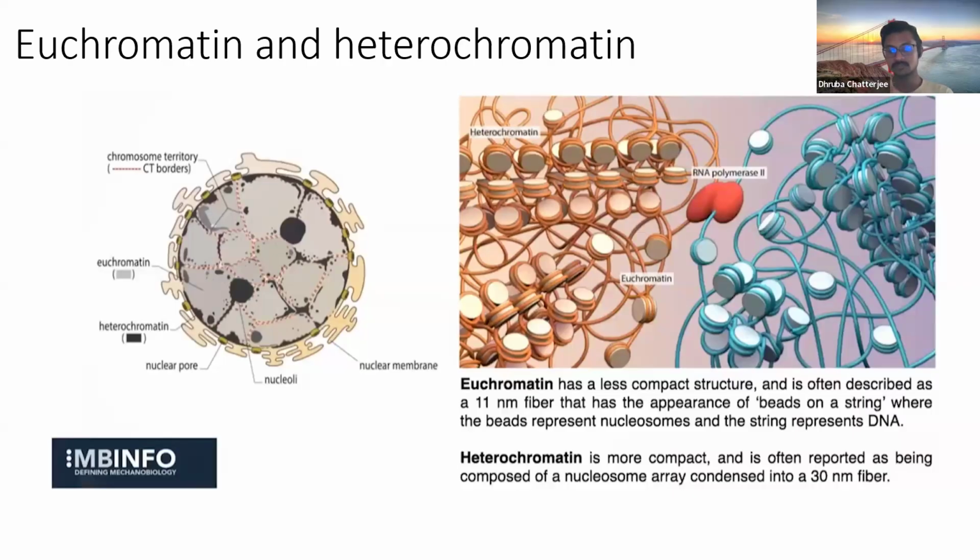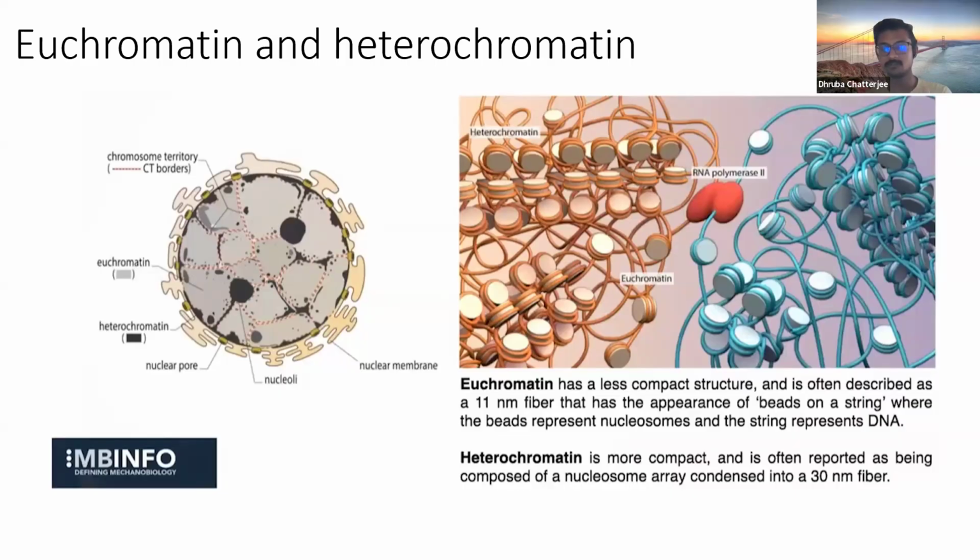Now, the extent of packing of DNA around these nucleosomes is actually not fixed. That depends on several modifications of the nucleosomes as well as some modifications of the DNA sequences. And this is the focus of study in a very distinct field, which is called epigenetics, right?